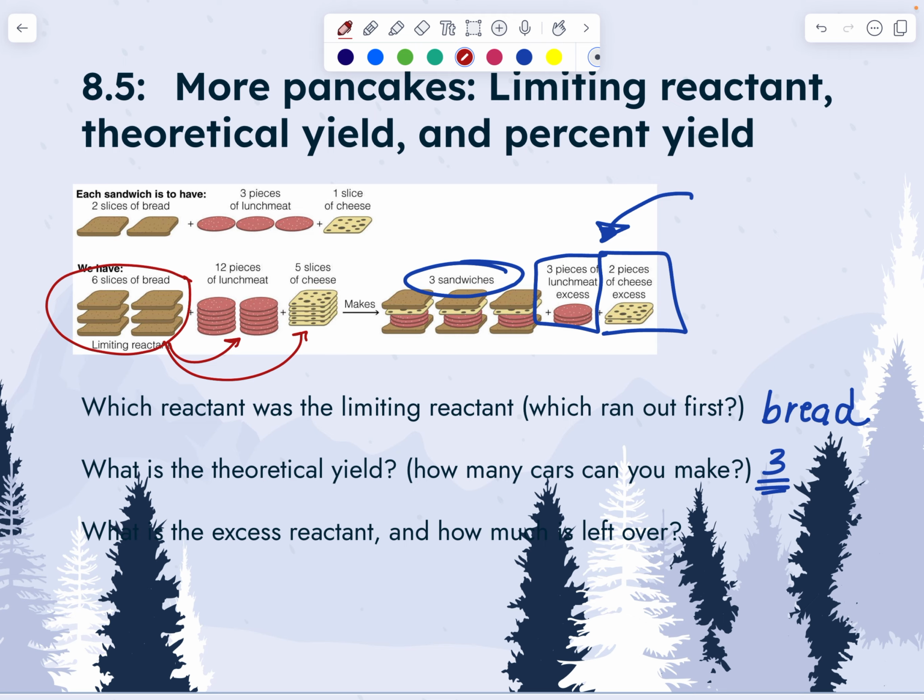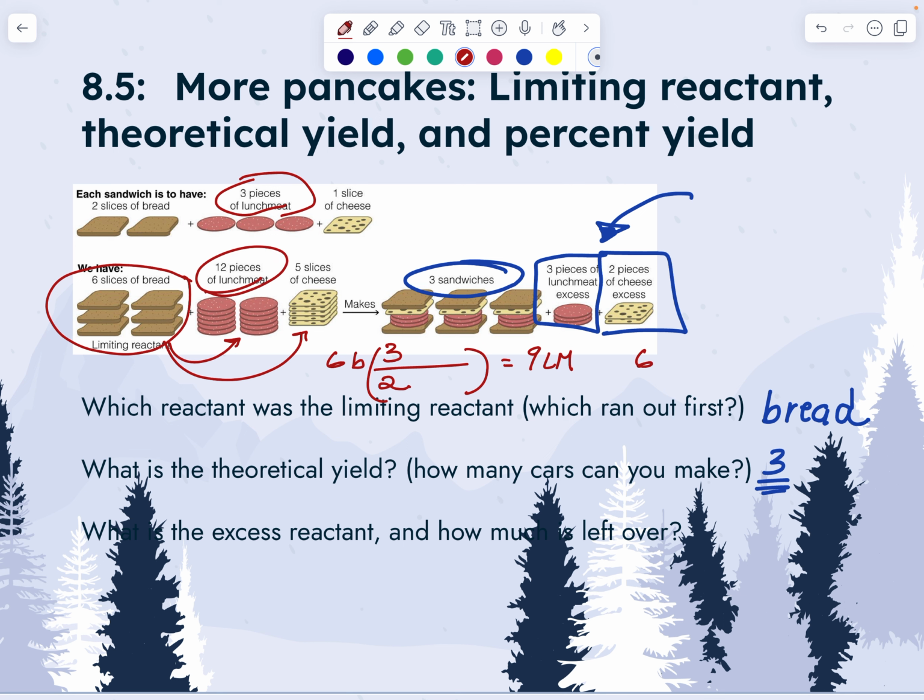In my head, I'm saying, if I have 6 slices of bread, according to the balanced chemical equation, I will need 3 pieces of lunch meat for every 2 slices of bread. So 6 times 3 is 18, divided by 2. I would need 9 pieces of lunch meat. Well, I have 12, so I have more than enough lunch meat.